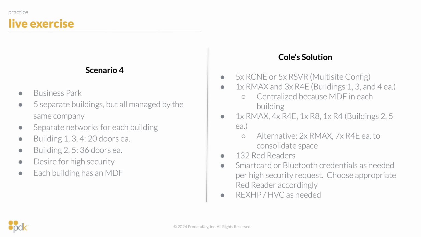Now, since we're not dealing with wireless, we don't have to deal with the repeater or the range test kit. So now all we need to consider is the REXs, the REXHP, and the high voltage converter. And realistically, the high voltage converter is pretty much useless for any of these except the RCNEs. The R Max comes with those 2 Altronics power supplies, which is going to do way more for us than these high voltage converters will.